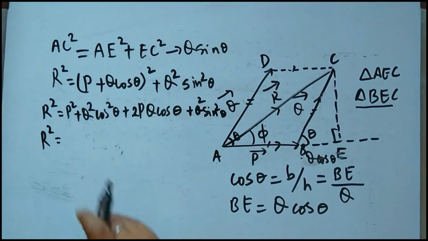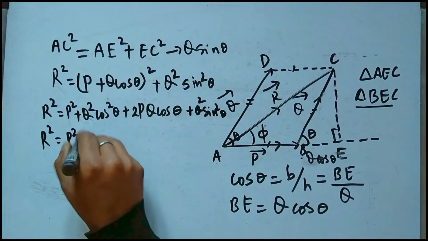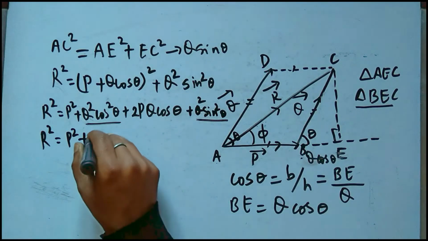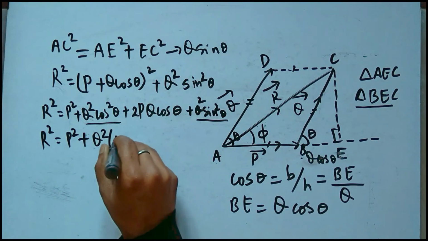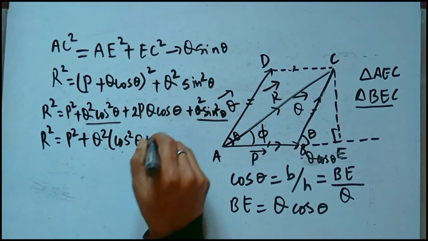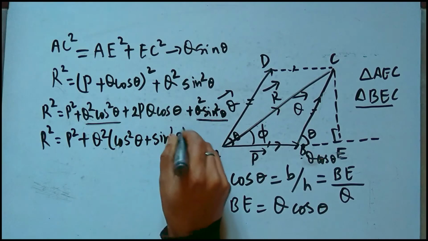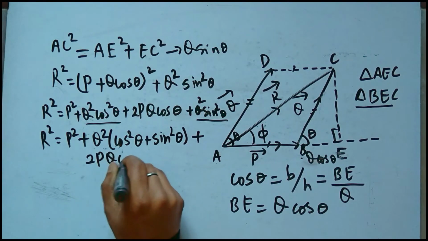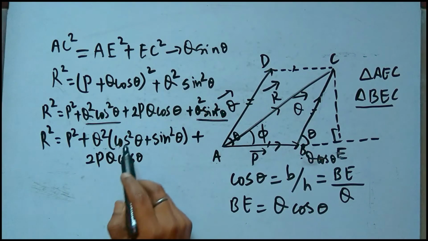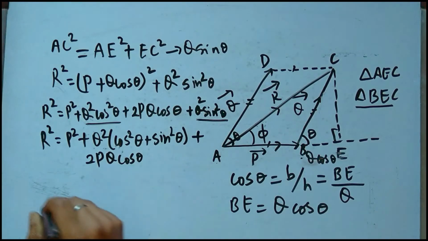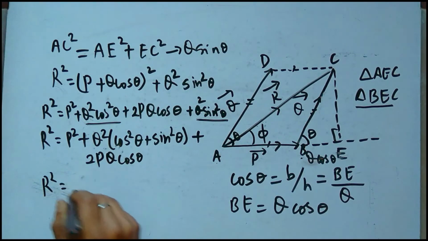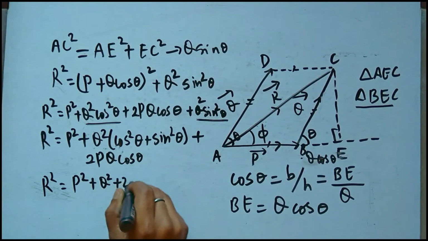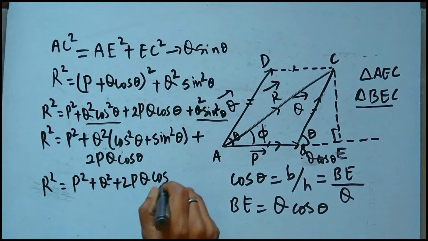R square is equal to P square. We can find the common terms here, Q square. So we can write Q square into cos square theta plus sine square theta, plus 2PQ cos theta. We know cos square theta plus sine square theta is 1. So R square is equal to P square plus Q square plus 2PQ cos theta.